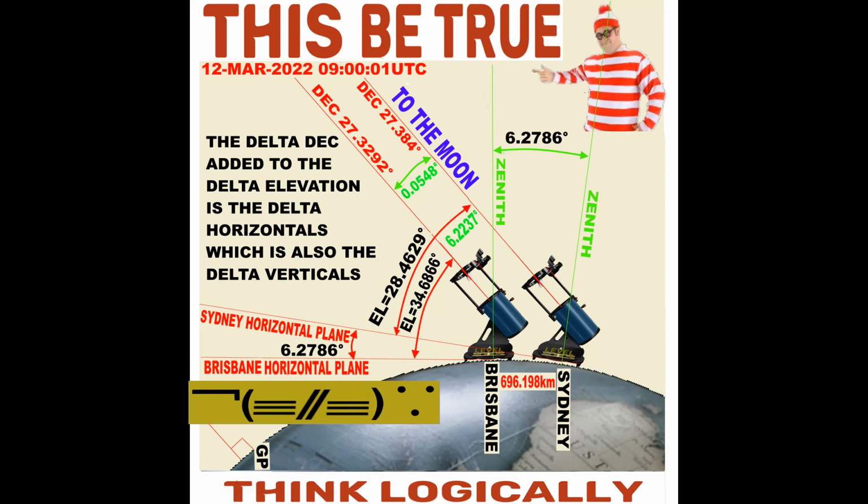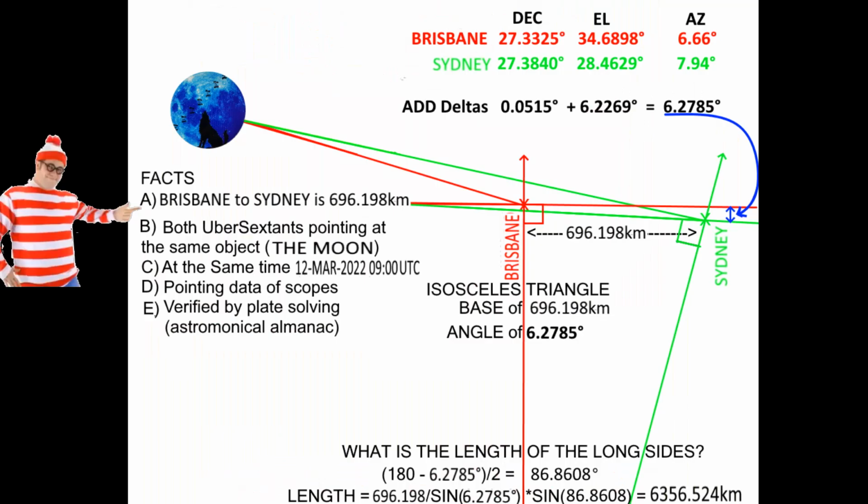That also must imply that each horizontal plane is a tangential plane to the surface, and as it is known that each horizontal plane has a vertical line at the point of contact to the surface, and further, that this vertical line is projected down and must pass through the centre of the Earth. Now, the great circle distance between the two Uber sextants is 696.198 kilometres.